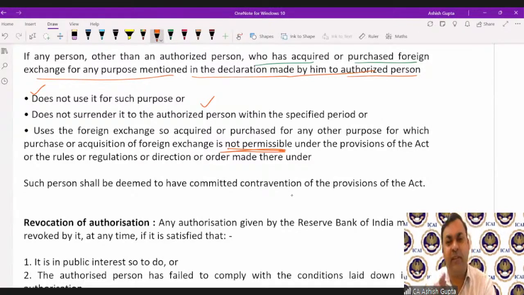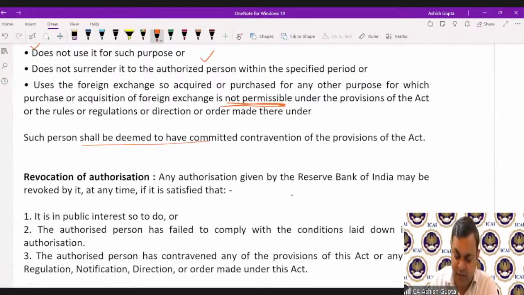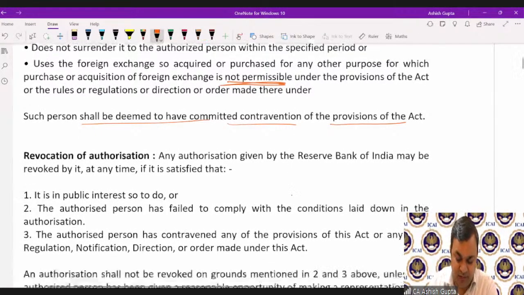For example, you use the foreign exchange for the purchase of lottery tickets, as prescribed in Schedule 1 of Section 5, that is called a current account transaction. So that is prohibited. Such person shall be deemed to have committed a contravention of the provisions of the Act.